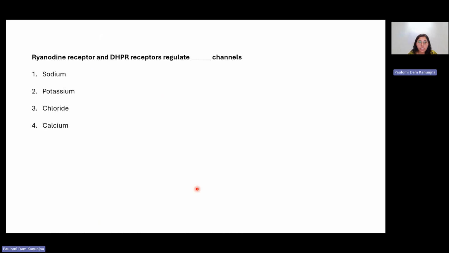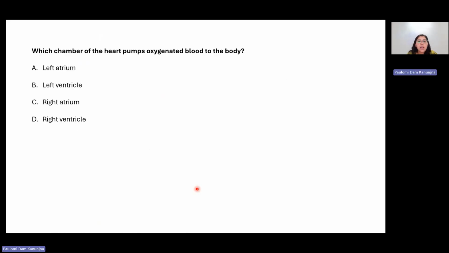Okay, next question. This we have already done in the last class. So ryanodine receptor and DHPR receptors are basically calcium channels. We have already discussed that. Okay. Now, which chamber of the heart pumps oxygenated blood to the body? Remember oxygenated and deoxygenated, which part refers to what? And then try to remember. Pumps, not receives, and pumps through the body.